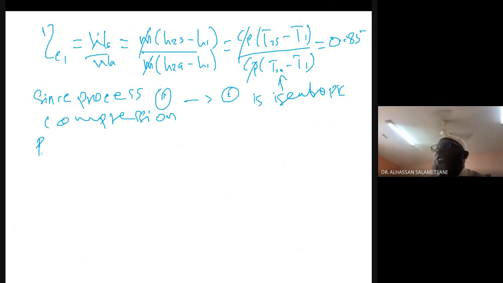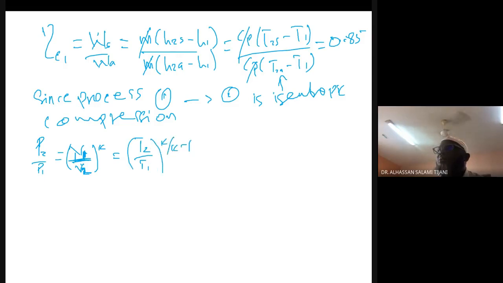P2 over P1 equals V1 divided by V2 raised to the power K, and this gives me T2 divided by T1, all raised to the power K divided by K minus 1.